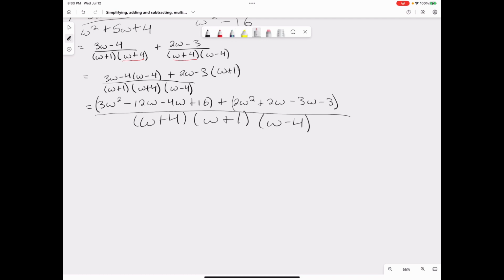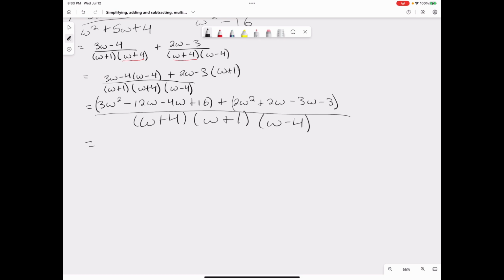So again, we did 3w times w to get the 3w squared, 3w times negative 4 to get the negative 12w, negative 4 times w to get the negative 4w, and negative 4 times negative 4 to get the positive 16, and then we did the same thing with this term right here. Now we are going to simplify for the final time. So we can drop the brackets and just start combining like terms.